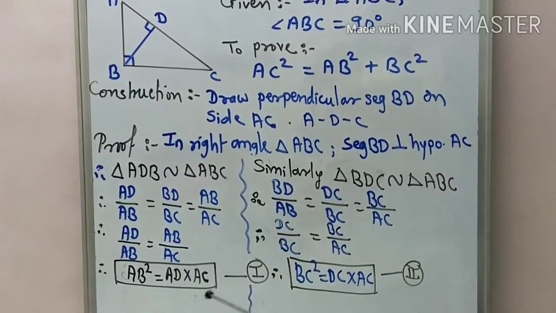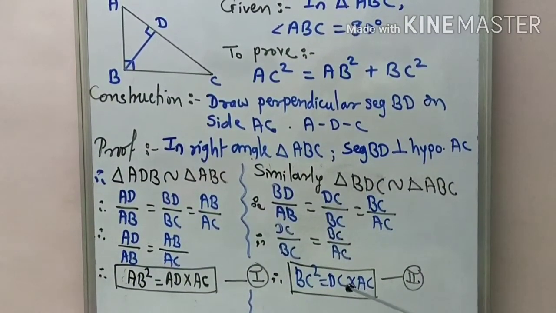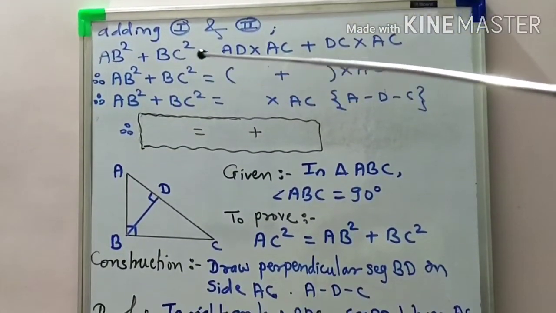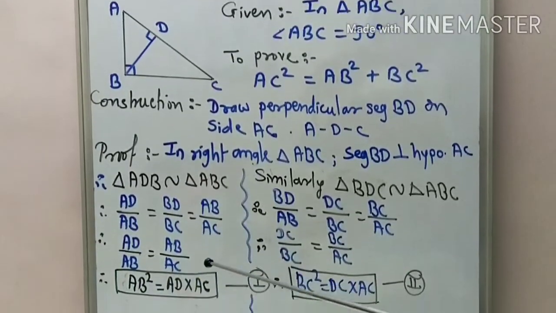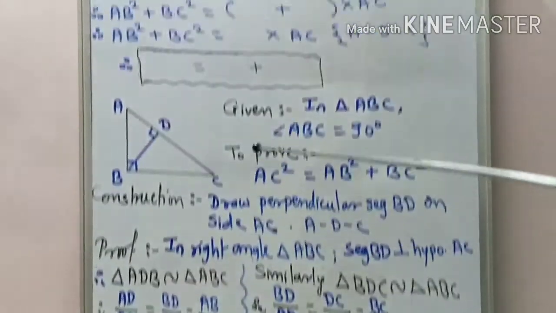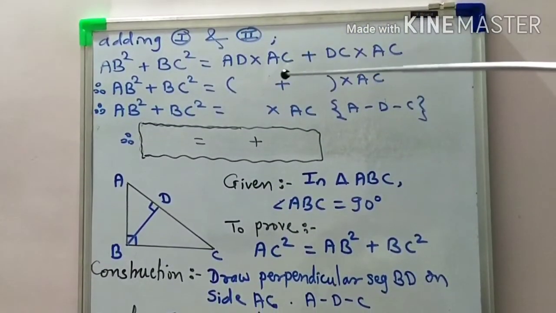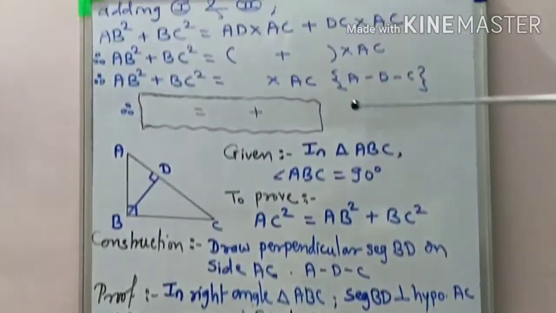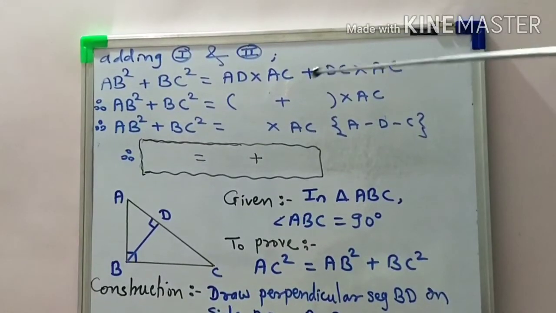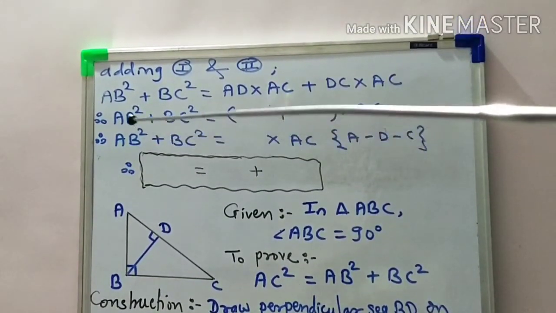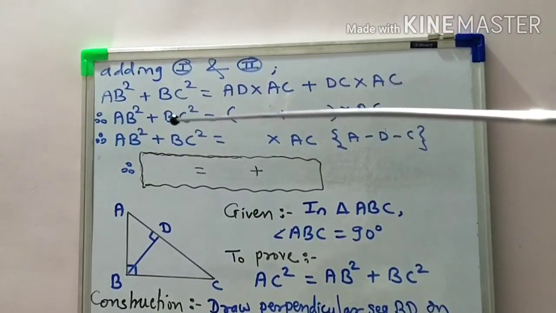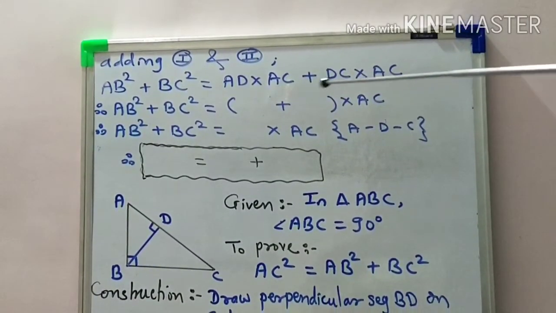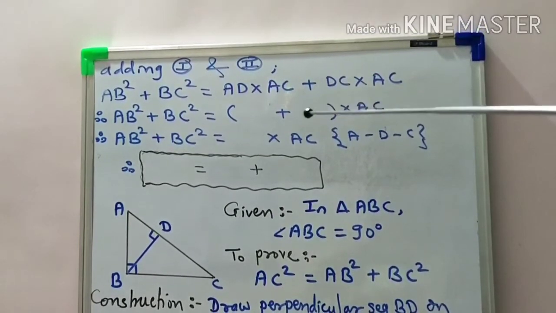So as you add these two equations, what do we get here, students? AB square plus BC square equal to AD into AC plus DC into AC. And now as we simplify it, AB square plus BC square is equal to, from the right hand side, as you observe, the AC term is common, so the remaining part we write down.